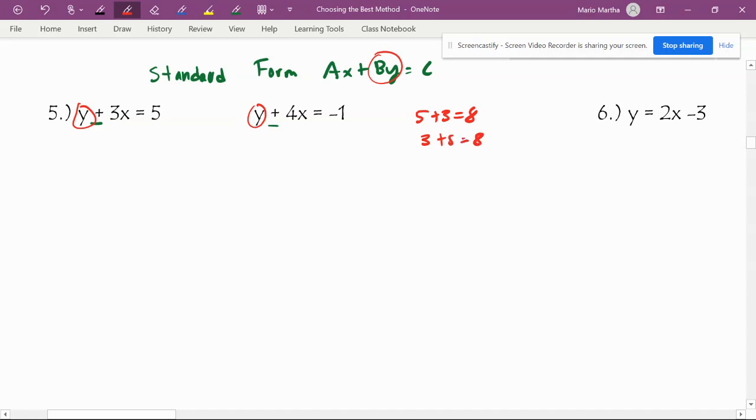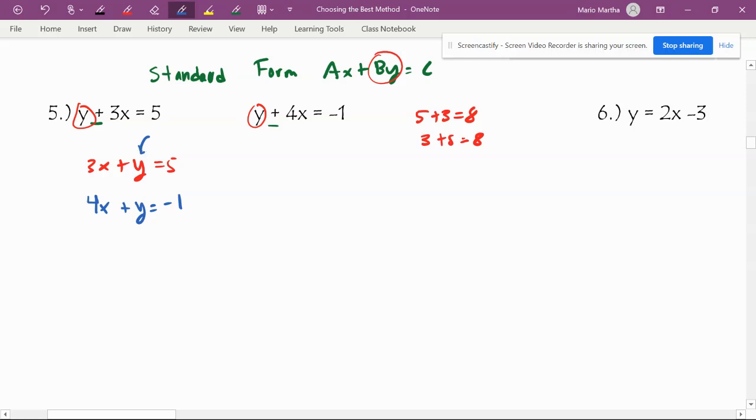So here we can rewrite it so that they end up in the same order. So 3x plus y equals 5. And then the second equation, I'll rewrite it as 4x plus y equals negative 1. So now here, if you guys notice, the y's are an easy candidate for us to eliminate because they have the same number in front of them, right?